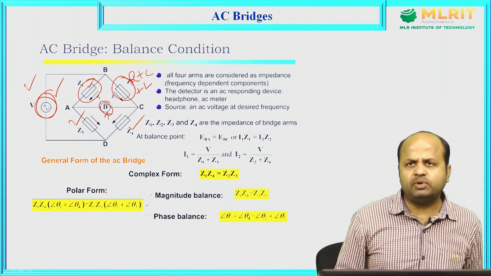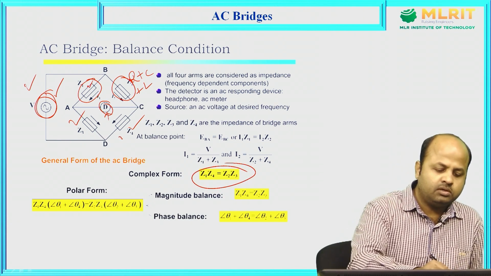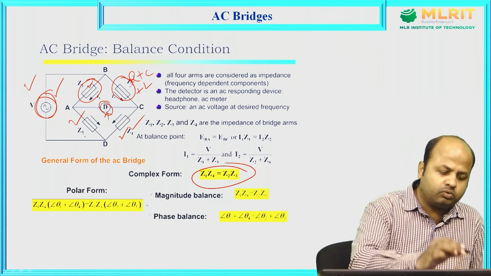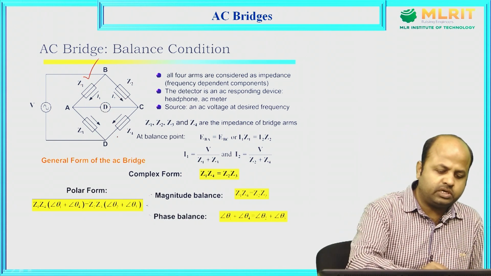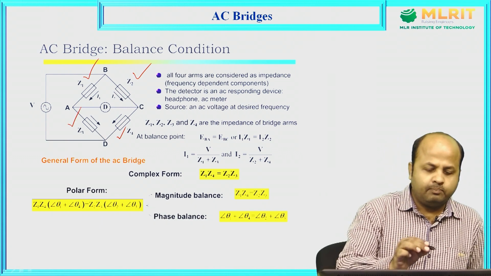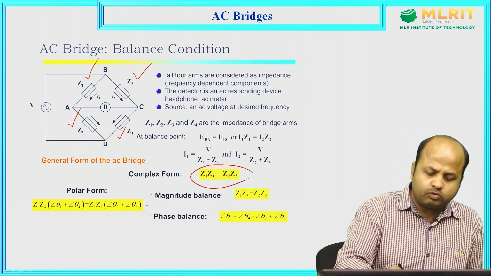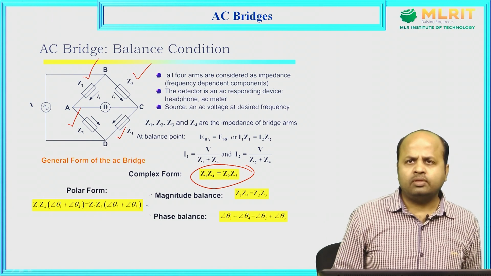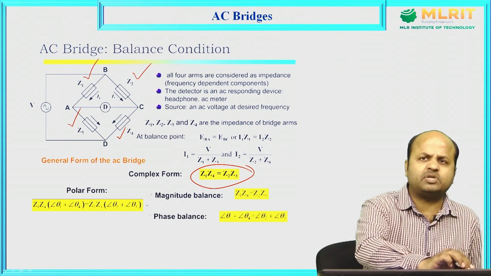Whenever the AC bridge becomes balanced, you have to apply this formula: Z1 into Z4 equals Z2 into Z3. So this is the balance formula for AC bridges. Here Z denotes the impedance. Why impedance? As I already told, there is the concept of capacitor, inductor and the combination of resistor and capacitor.